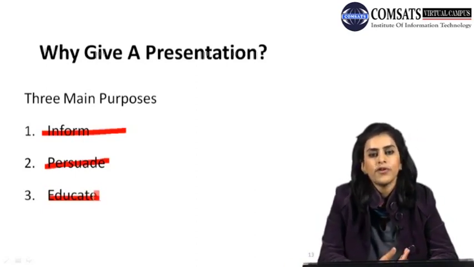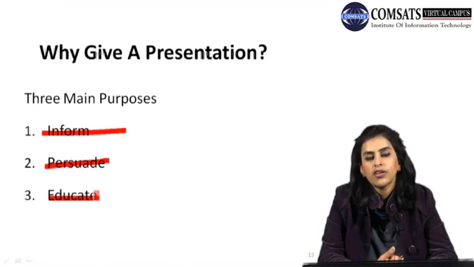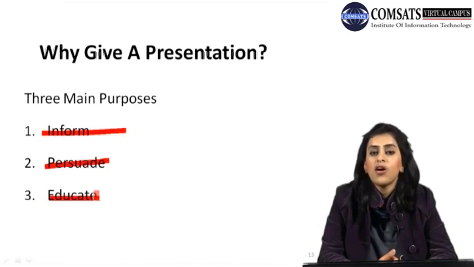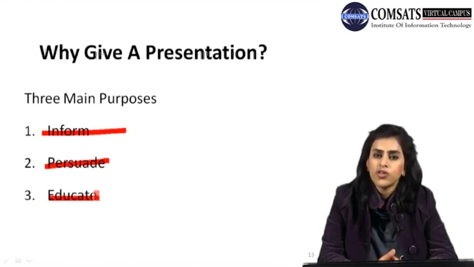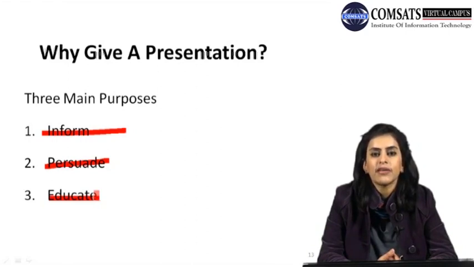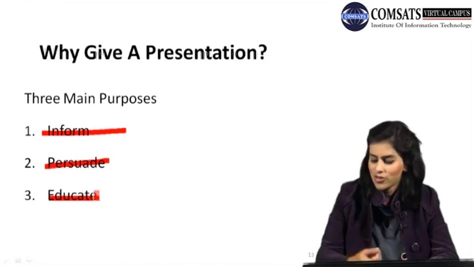Either you deliver the presentation for the information of the audience, or, if you have made a product or want to bring the audience's attention towards a specific subject, you deliver a persuasive presentation, or sometimes you try to educate them. We will discuss these three types separately with different examples, so that you know how to deliver an informative, a persuasive and an educational presentation to your audience.